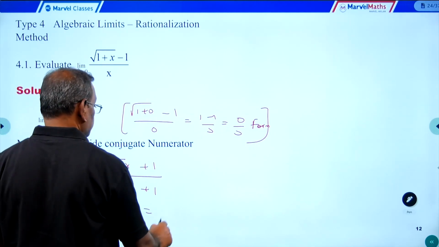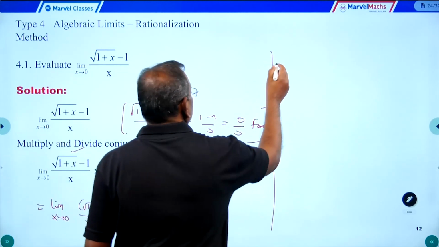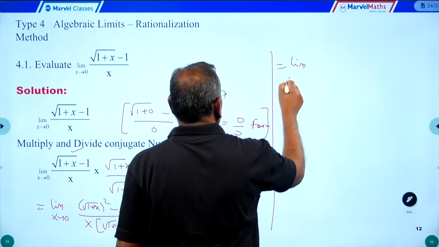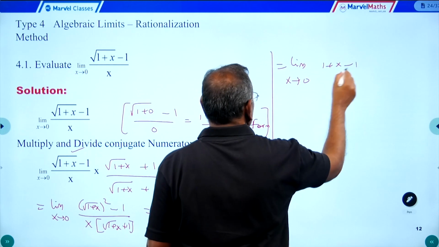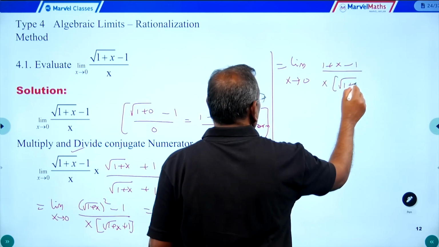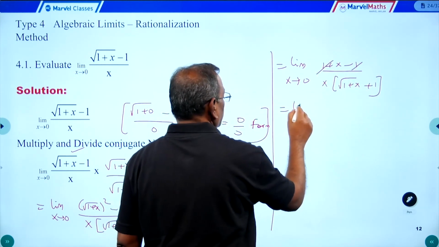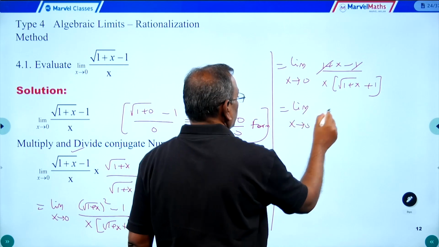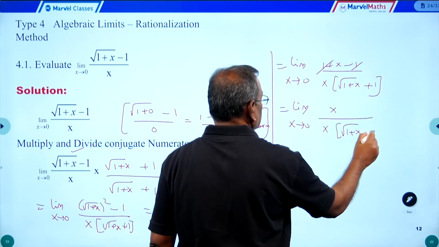which is equal to limit x approaches 0, 1 plus x minus 1 by x into root of 1 plus x plus 1. 1 cancels. Limit x approaches 0, x by x into root of 1 plus x plus 1.